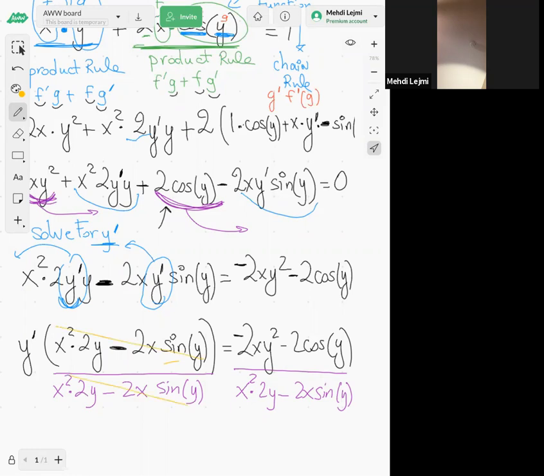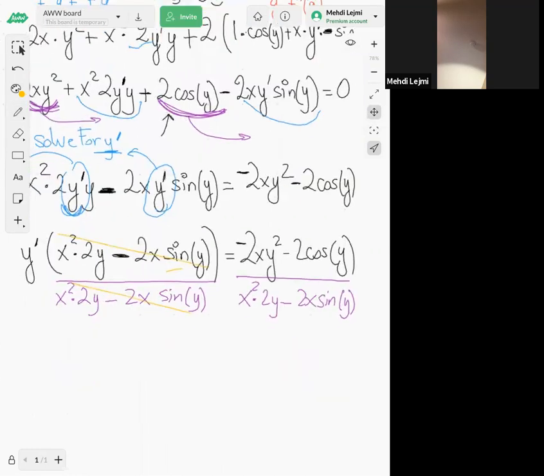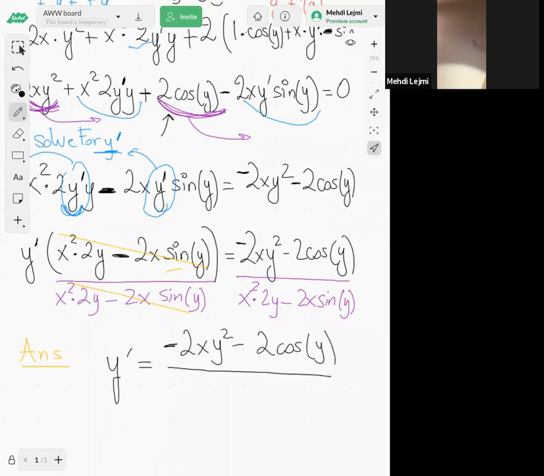When you divide by the same thing, you get 1. So it's y prime times 1, so it's just y prime. So the answer: y prime is equal to minus 2x y squared minus 2 cosine of y over x squared times 2 times y minus 2x sine of y.